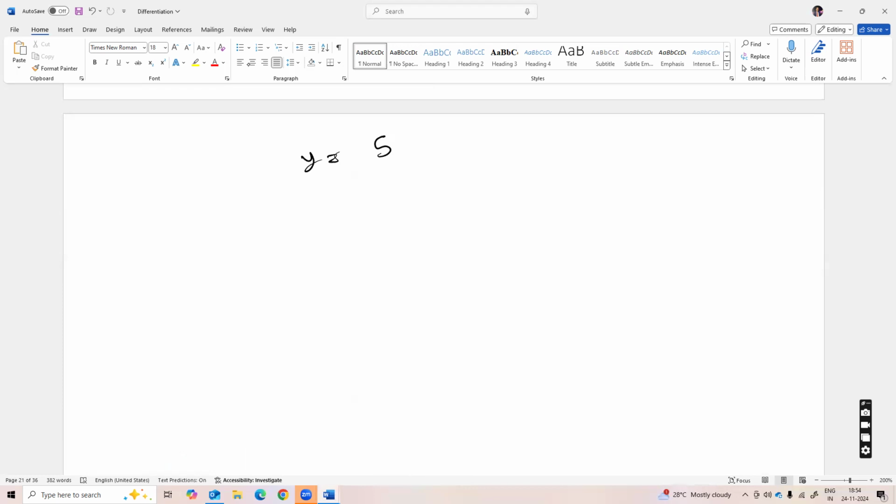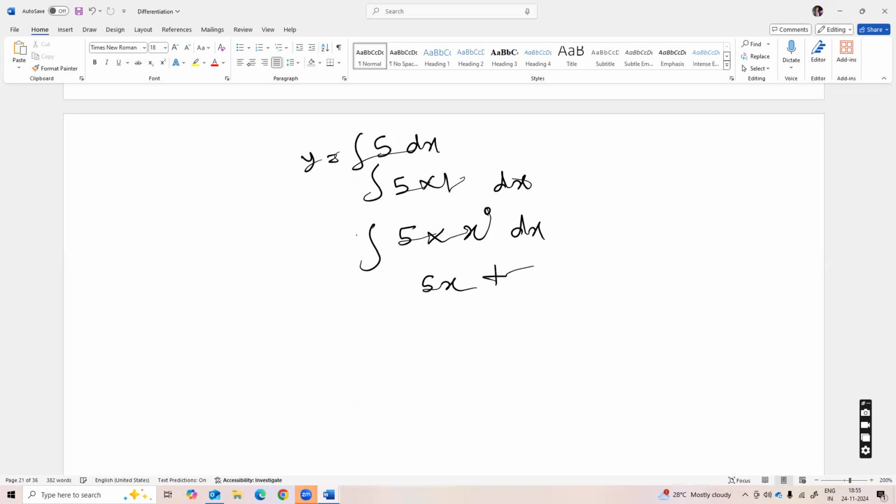If you have 5, you can write it as 5 into 1, which is 5 into x to the power 0. So if you are finding its integration, it will become 5x plus c, because the integration of x to the power 0 dx is x. So it will become 5 into x. You can take 5 outside, and you can write it as 5 times the integral of x to the power 0 dx plus c. So it is 5x plus c.